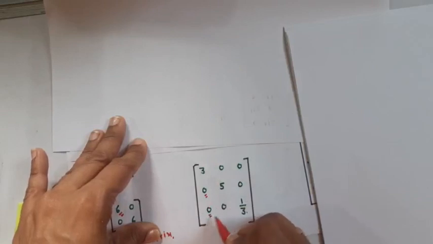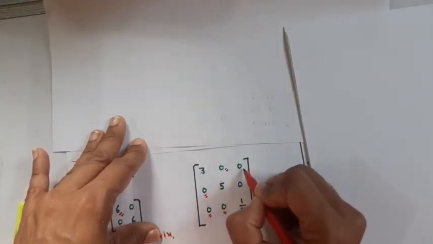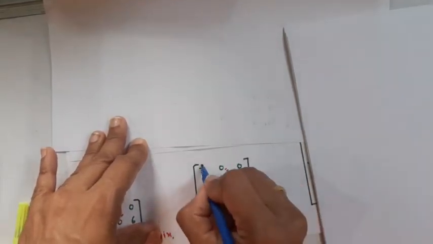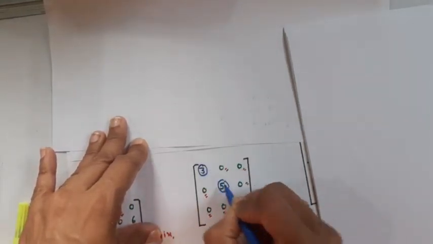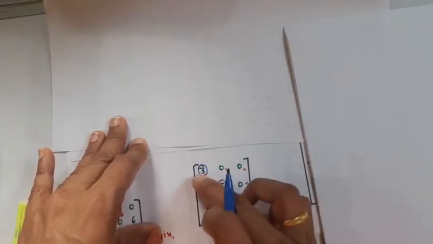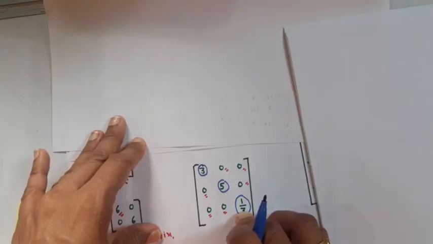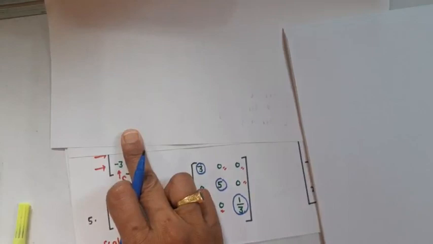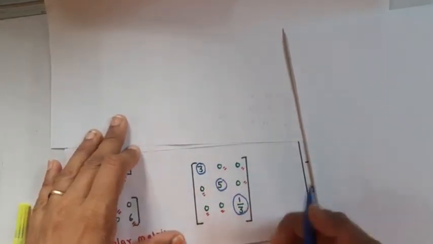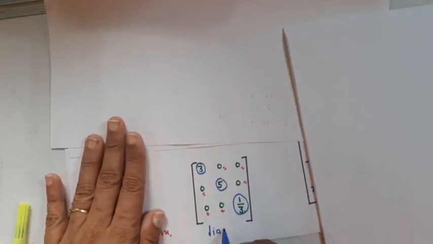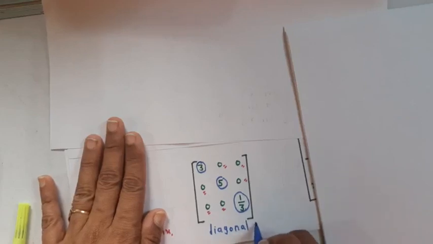See students, these are the non-diagonal elements, and these are the diagonal elements. The diagonal elements are non-zero. If diagonal elements are non-zero and non-diagonal elements are 0, then that is a diagonal matrix. That's why it is a diagonal matrix.